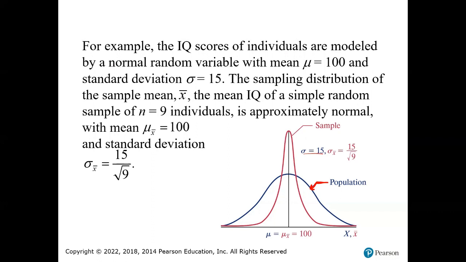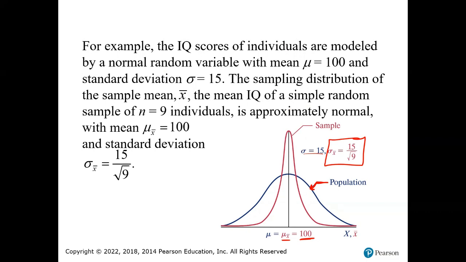What happened is it is still normal, but you can see here that the graph shape changes. It's a lot more narrow and a lot taller. The mean stayed the same at 100, but the standard deviation turned into 15 divided by the square root of 9.